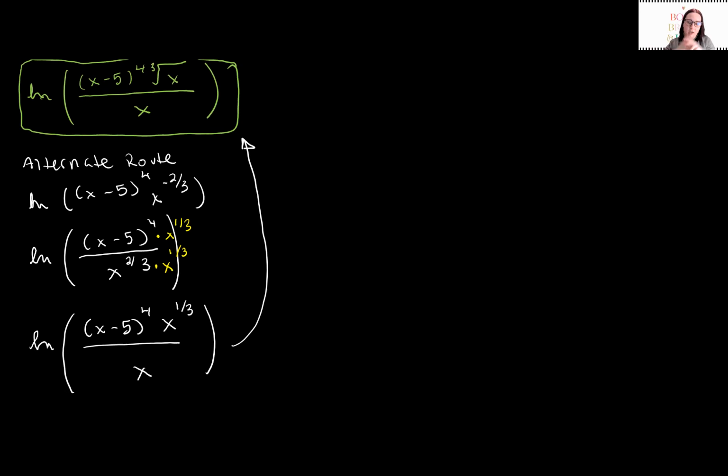That's what this little alternate sidebar is to show you: not all is lost if you end up doing something else, because you can always find your way back. It also demonstrates why I knew at this point that I just wanted to write it as a radical. Once I did, there's not really anything more we can do there, and if we try to do more, it just takes us back.